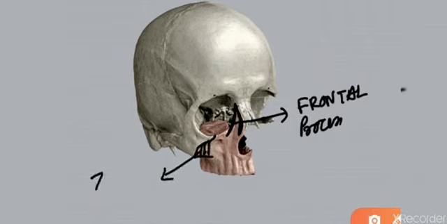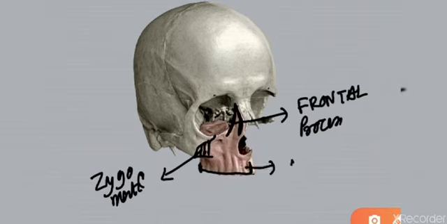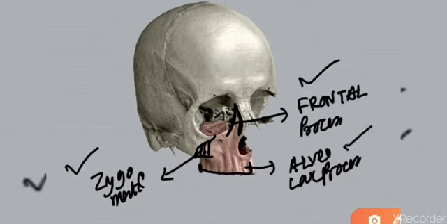This is called zygomatic process. The third process is that holding the teeth. It is called the alveolar process. So we get 3 processes which can be seen on the norma frontalis view: frontal process, zygomatic process, alveolar process. And what about the last process?